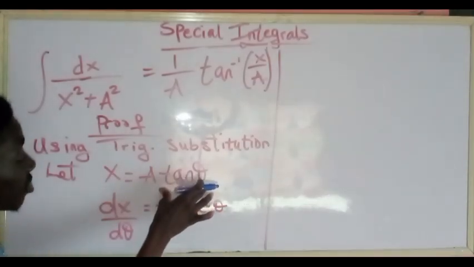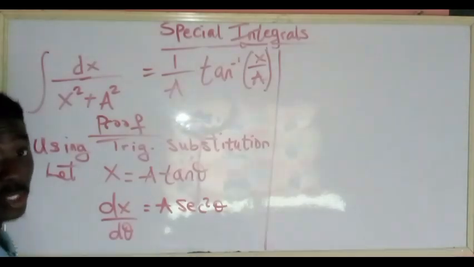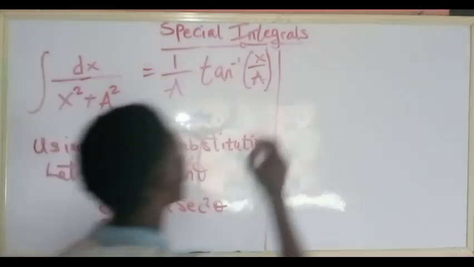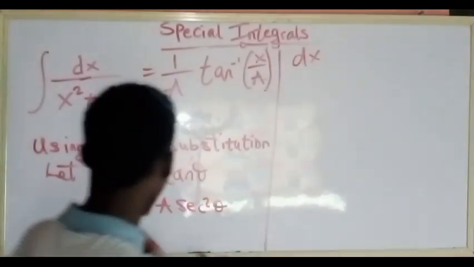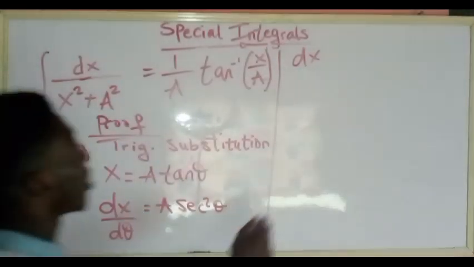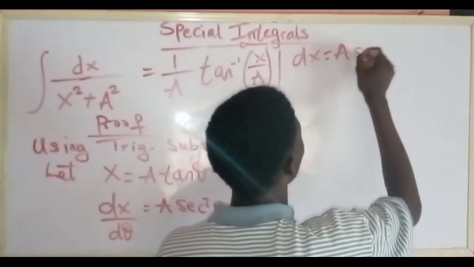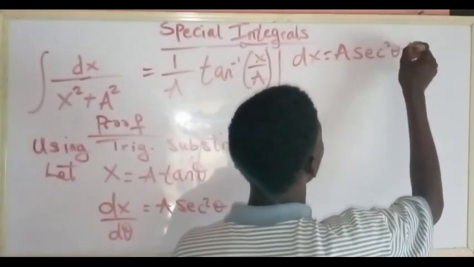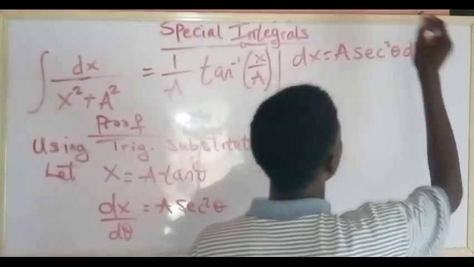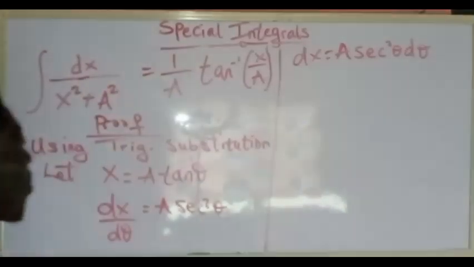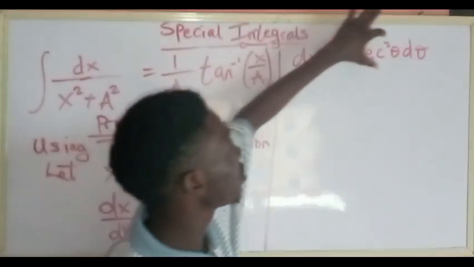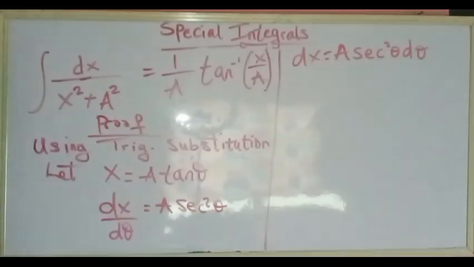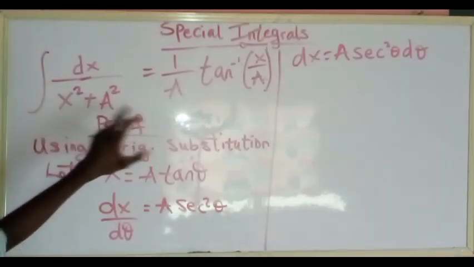The differentiation of tan is sec squared theta. So my dx will be equal to a sec squared theta d theta. That will be my dx.